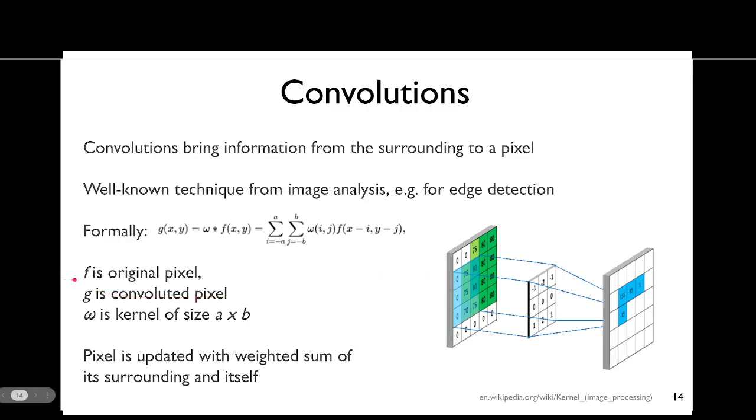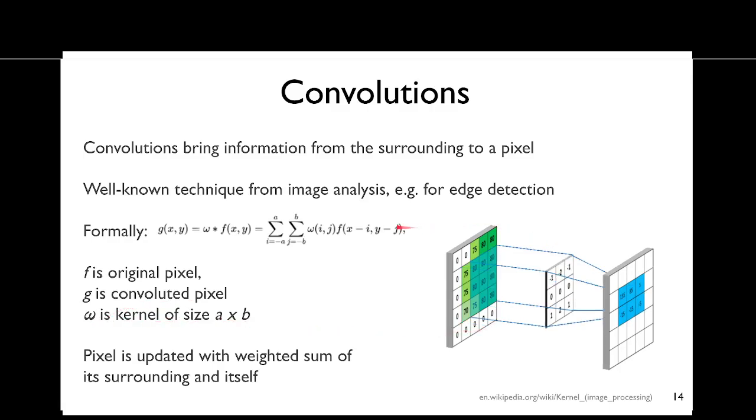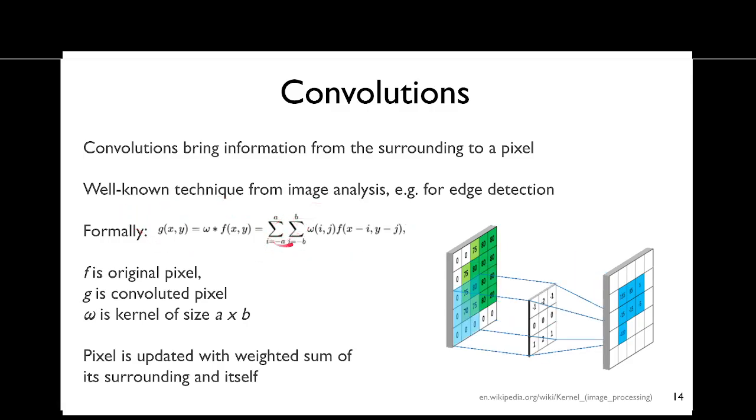So if f is the original pixel, g is the convolved pixel, w is the kernel of size a times b, then we can define formally this sum. Essentially we're visiting every pixel, and we're multiplying the value of that pixel times the weight from the kernel. We sum all of that up, and it gives us the new pixel.